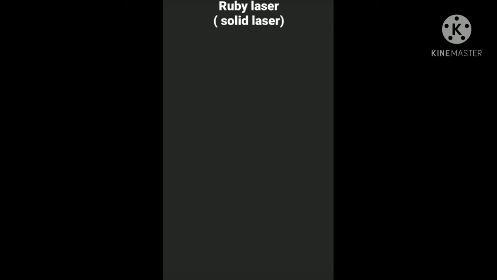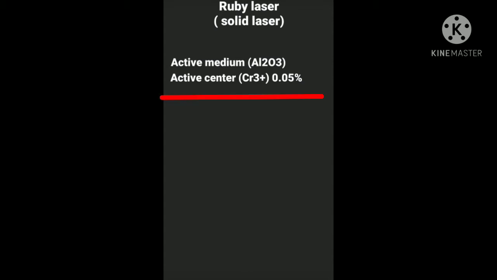Before proceeding, what actually is ruby, what is the ruby crystal composed of? Ruby crystal is composed of aluminium oxide, and the red color of ruby is because of the impurities present in the form of chromium 3 positive ions.